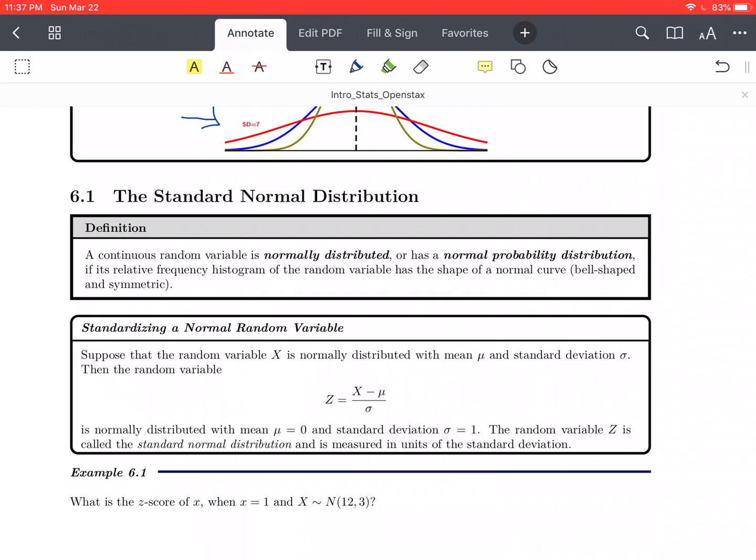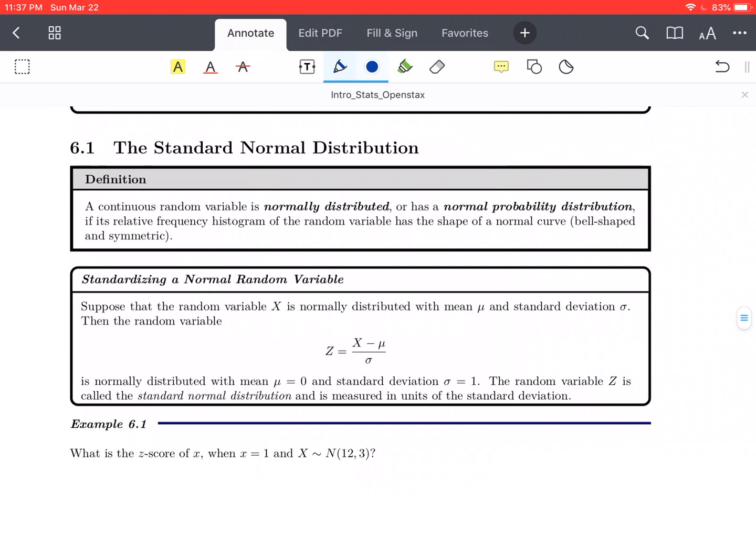Suppose that a random variable x is normally distributed with mean mu and standard deviation sigma. Then the random variable z is equal to x minus mu over sigma.